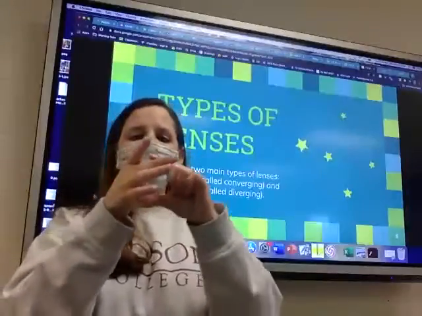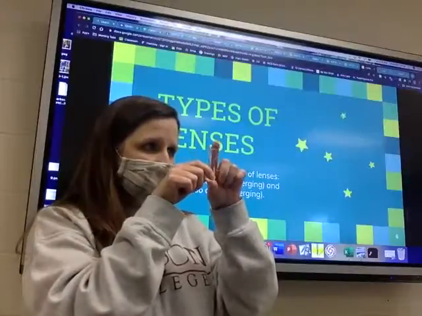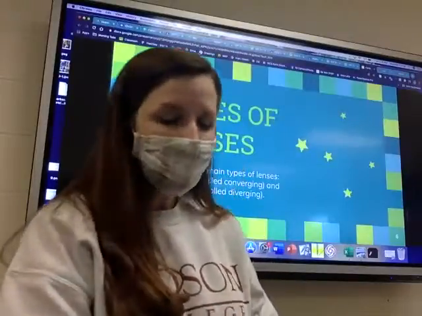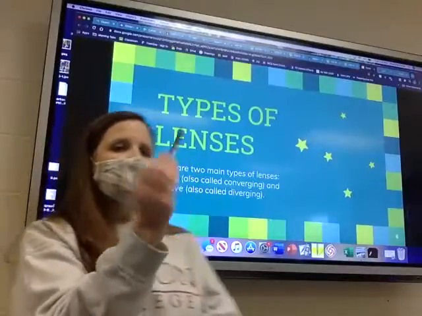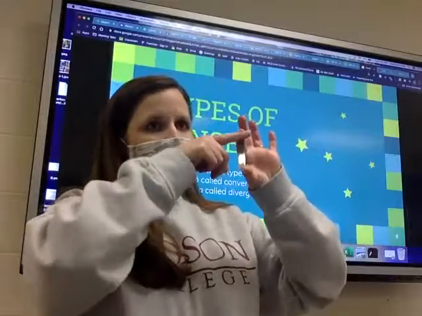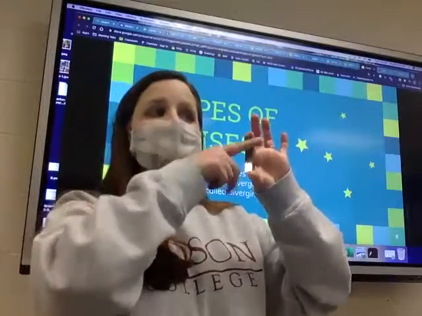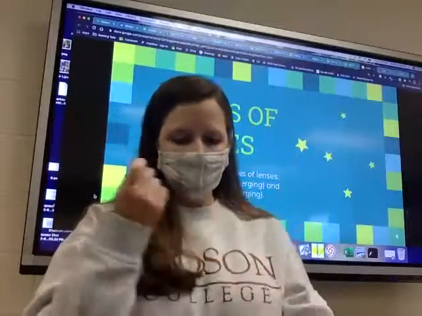And concave, concave caves in. You guys see that? I'm also going to show you my little mirror. I have this piece of metal, and depending on which way I turn it, which way is this? Concave because it caved in, and this way is convex because it's fat.